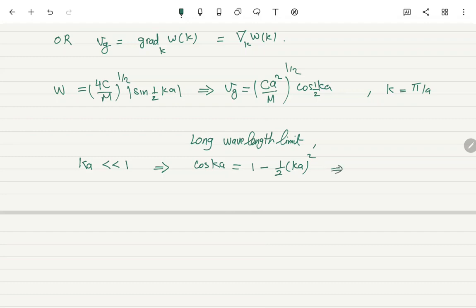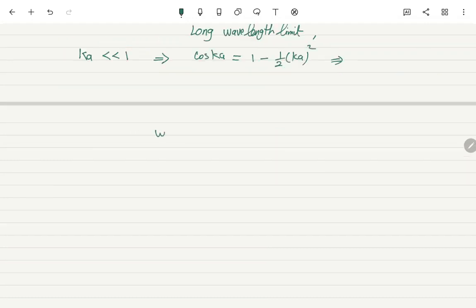In this one here, omega square equal to C over M K square a square, and remember ka here is much less than 1 for the long wavelength limit. And this leads to group velocity equal to omega over K.